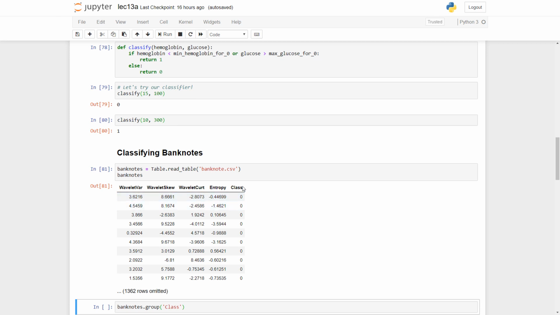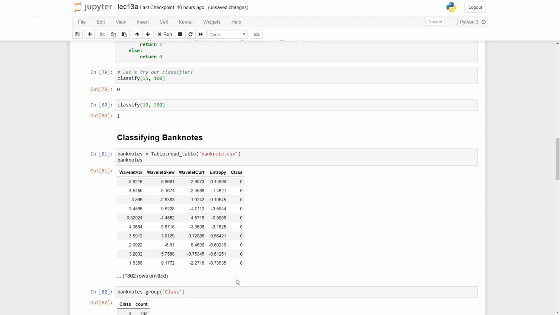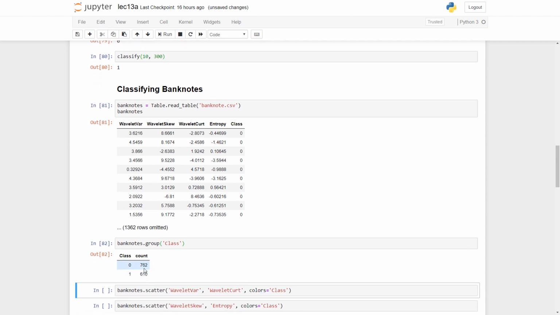And as usual, we have the labels, which is the class column here. All of these are zeros, which means that they are okay, and the ones are the not legitimate banknotes. So here we have 762 which are okay, and 610 which were not legitimate.